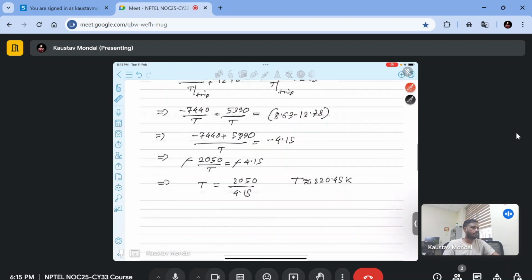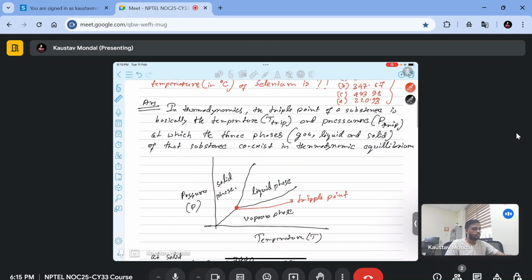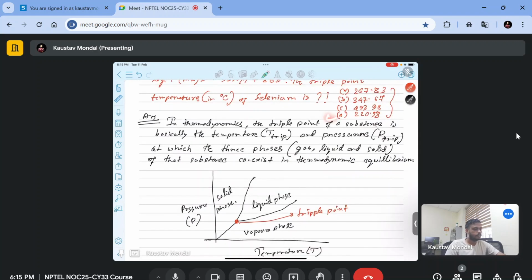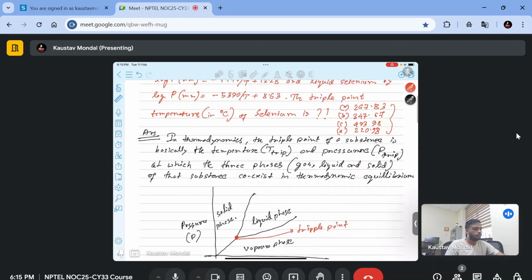That approximately gives option D, so option D is the correct answer.